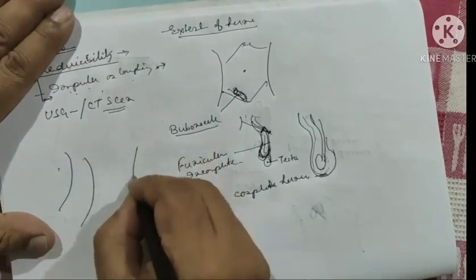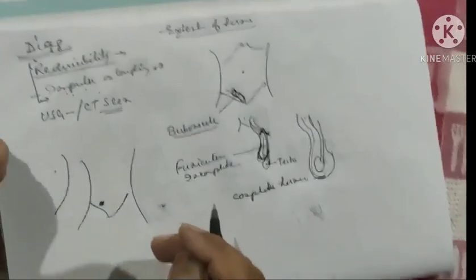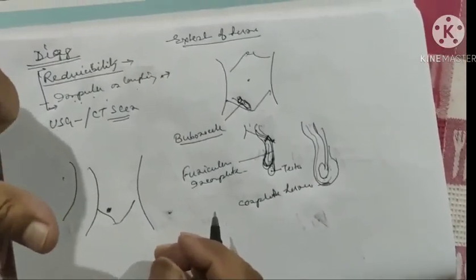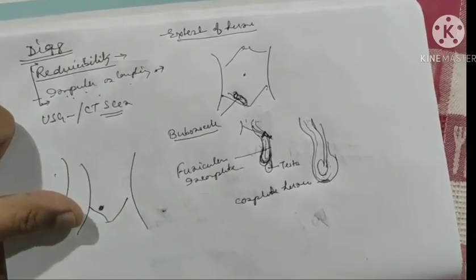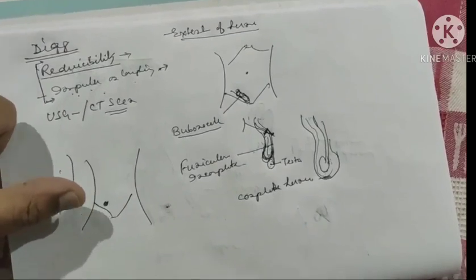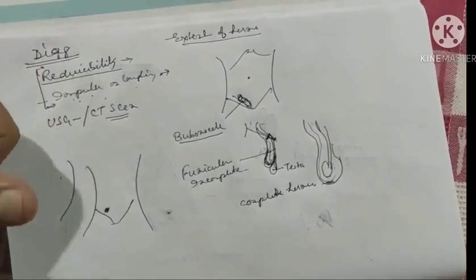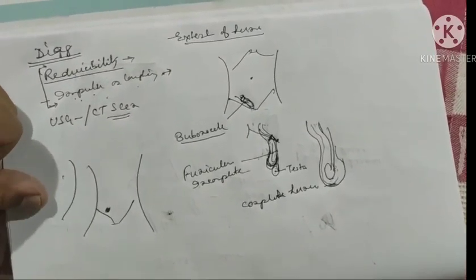Suppose this is the deep ring. If you occlude the deep ring with your thumb and ask the patient to cough, if the swelling does not come out, and you can feel the impulse on your thumb, then it will be an indirect inguinal hernia.